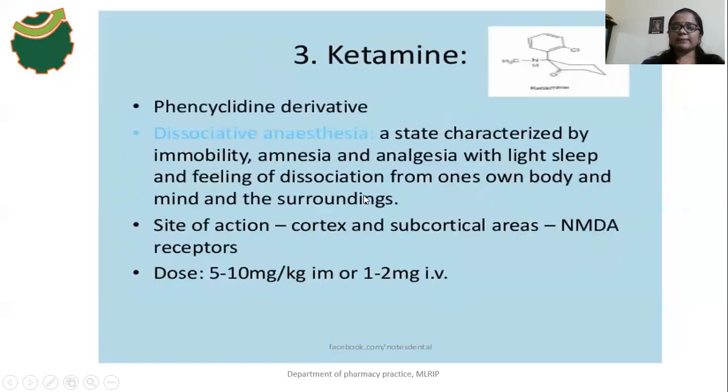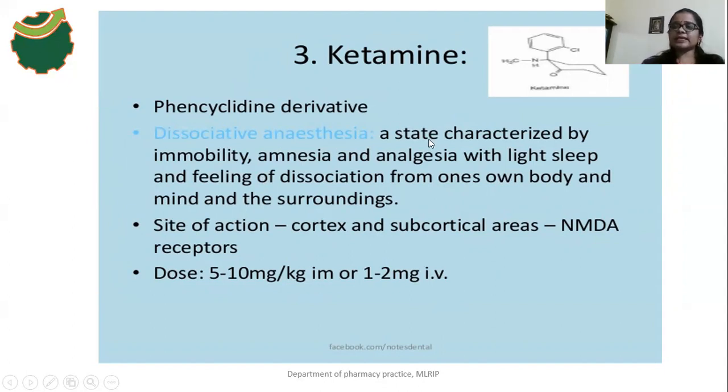And the next one is ketamine. This ketamine is a phencyclidine derivative, and it produces dissociative anesthesia. What kind of anesthesia does ketamine induce? Dissociative anesthesia. What is meant by dissociative?